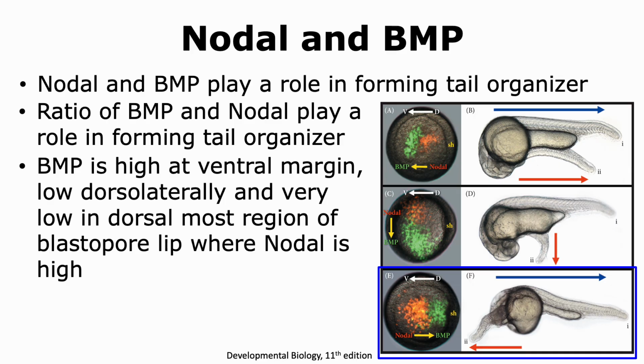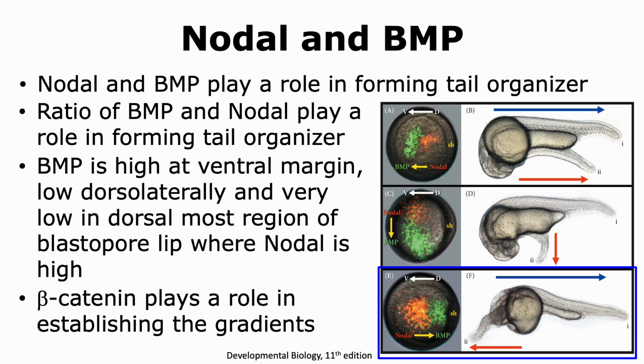Thus, nodal and BMP play an important role in forming the tail organizer. Now, beta-catenin plays a role in establishing the nodal and the BMP gradients in the embryo. As we saw in amphibians, beta-catenin is highly expressed in the dorsal-most region.